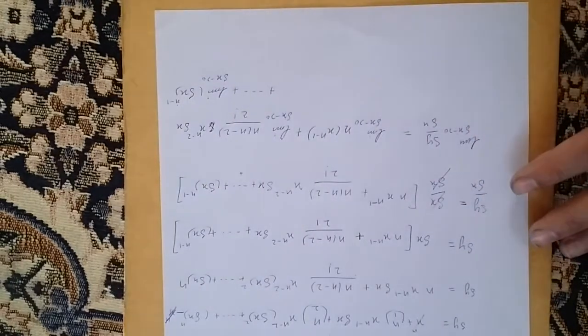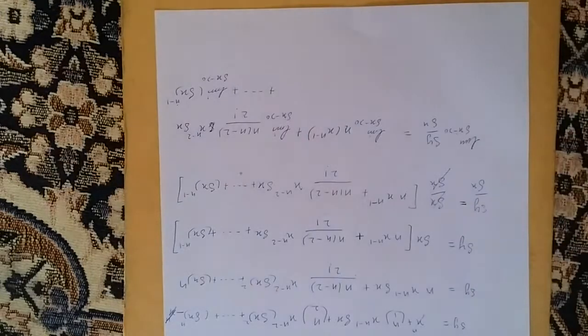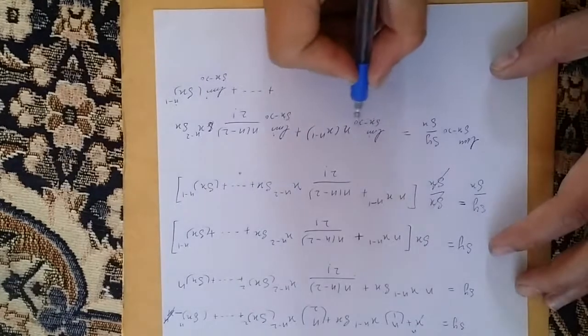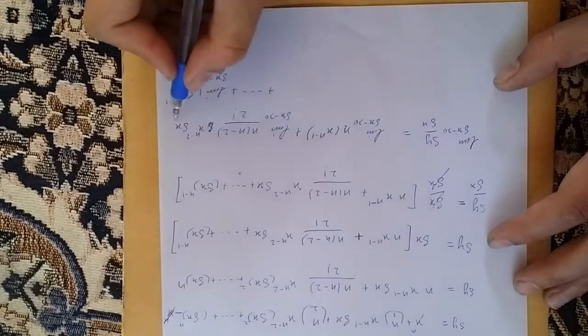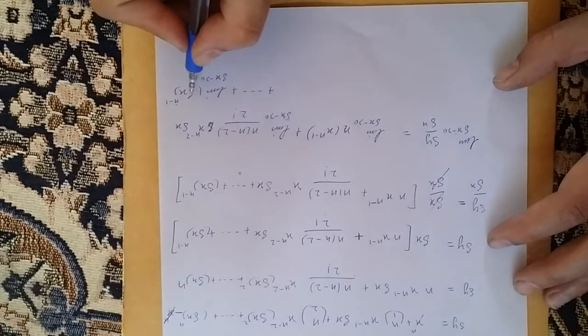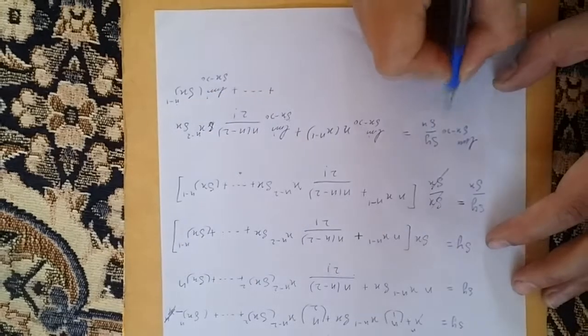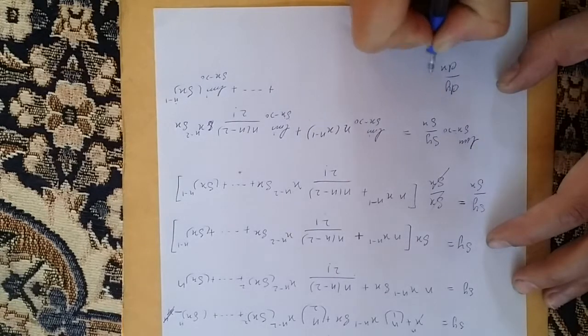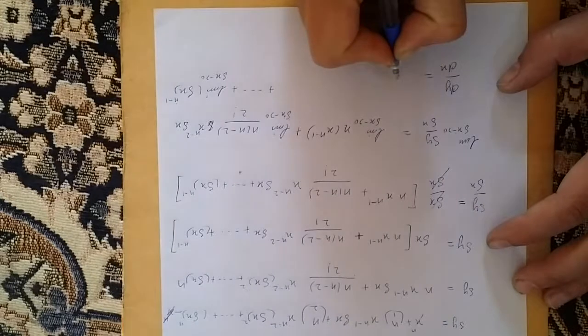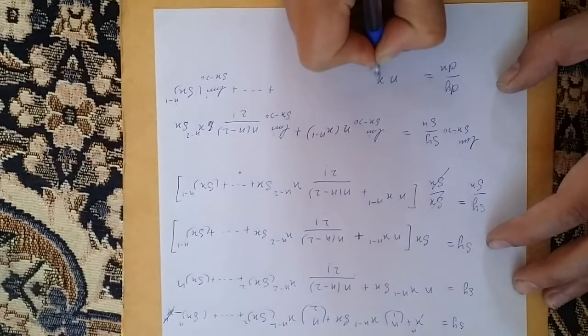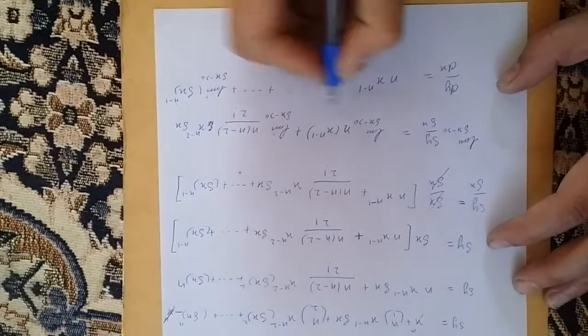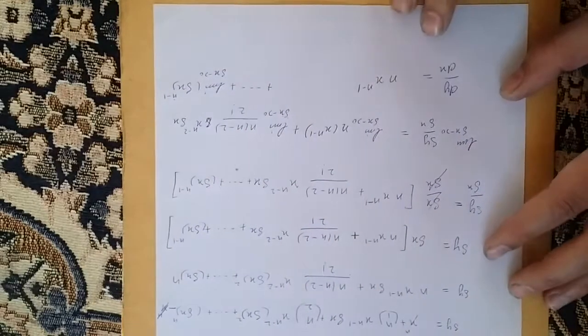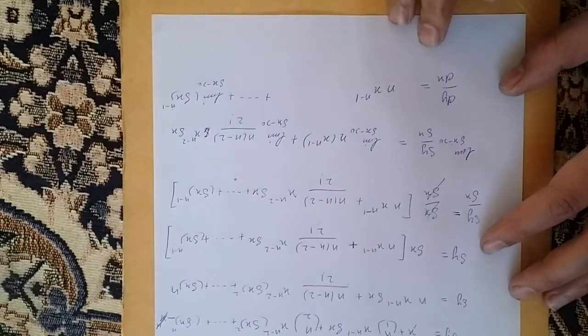As del x goes to 0, all those other terms will also go to 0, and we get dy over dx is equal to n x power n minus 1.